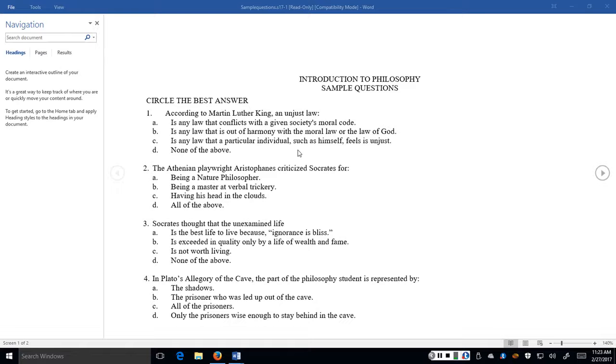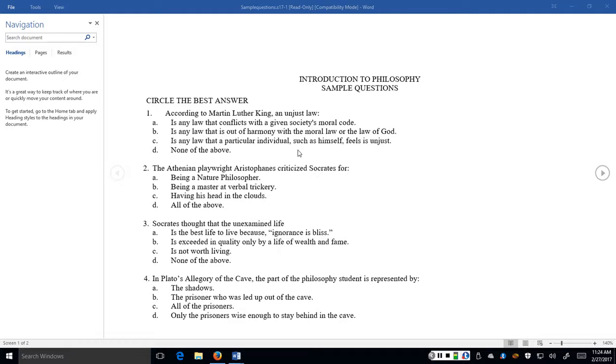Were the shadows true reality? Anybody have A? Okay. What about B? Only a poor copy of true reality. Were the shadows only a poor copy of true reality? Well, you say, well, of course they were. So, is it B? Well, might be.